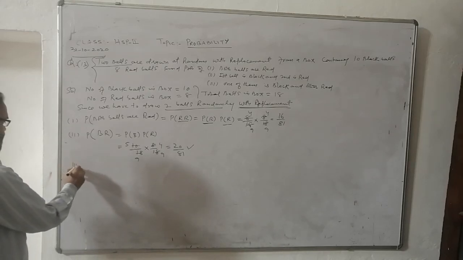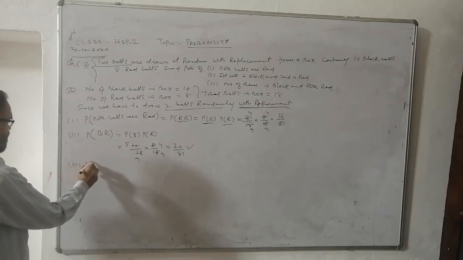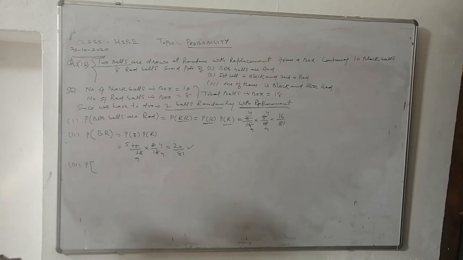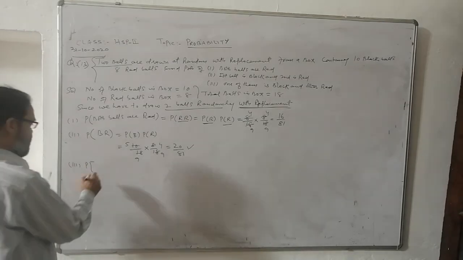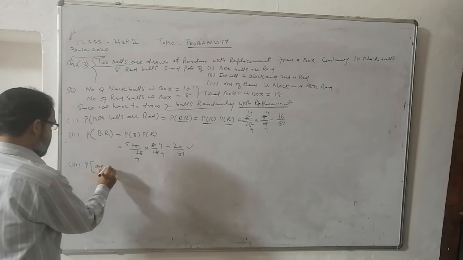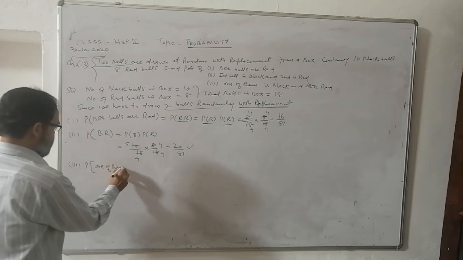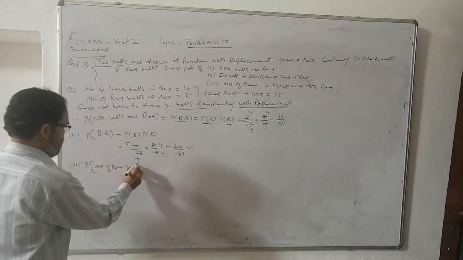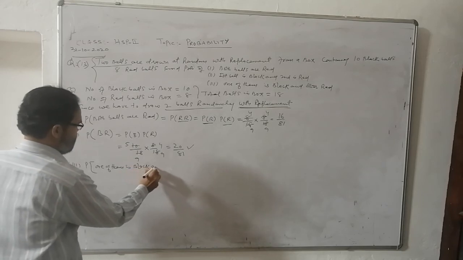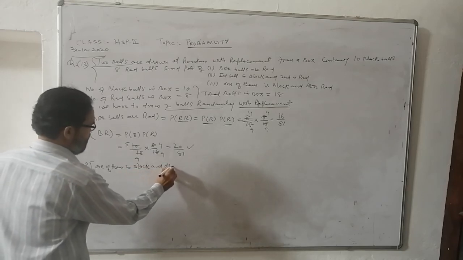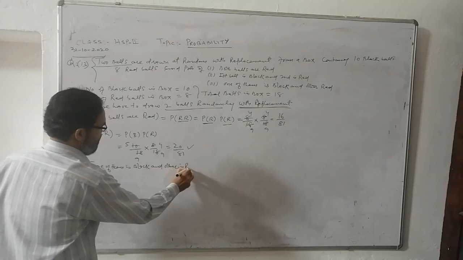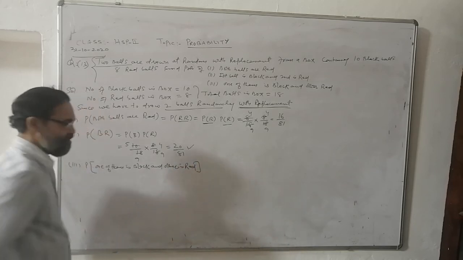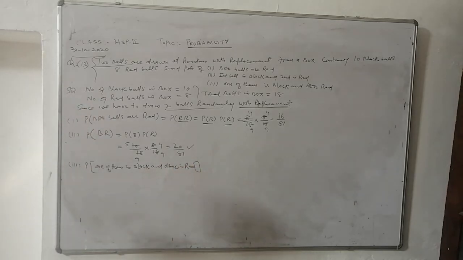The third and last part is we have to find the probability that one of them is black and the other is red. We have to draw two balls.